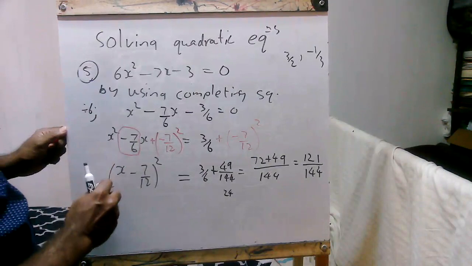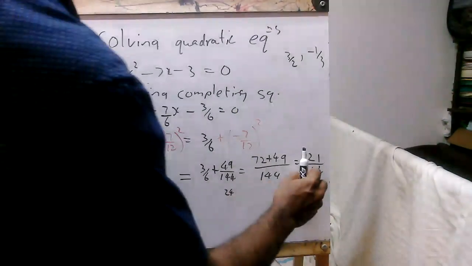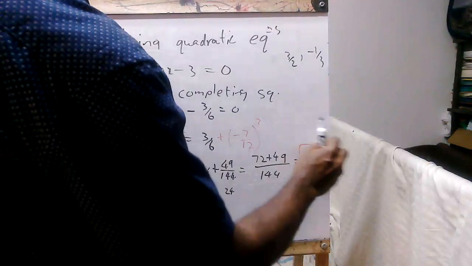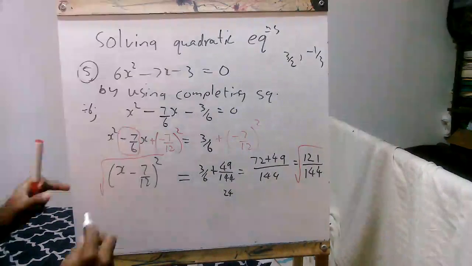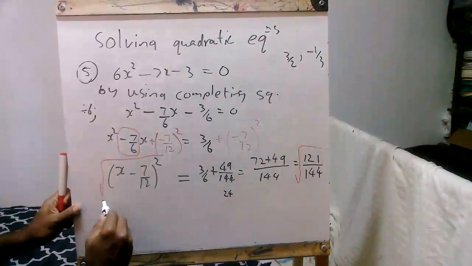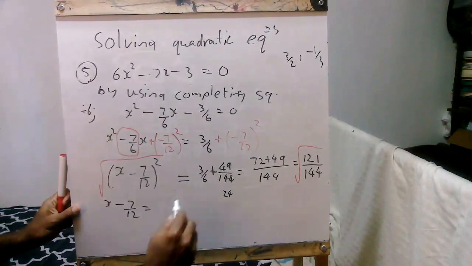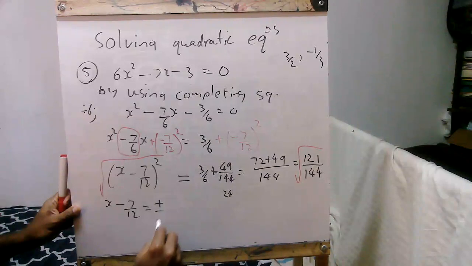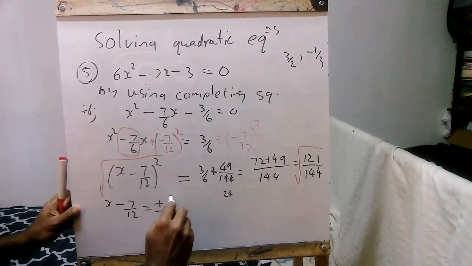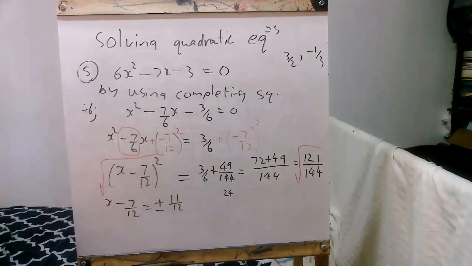Now we can take the square root on both sides. Then what do we get? x minus 7 over 12 equals, when we do the square root, remember we have to do plus or minus, 11 over 12.